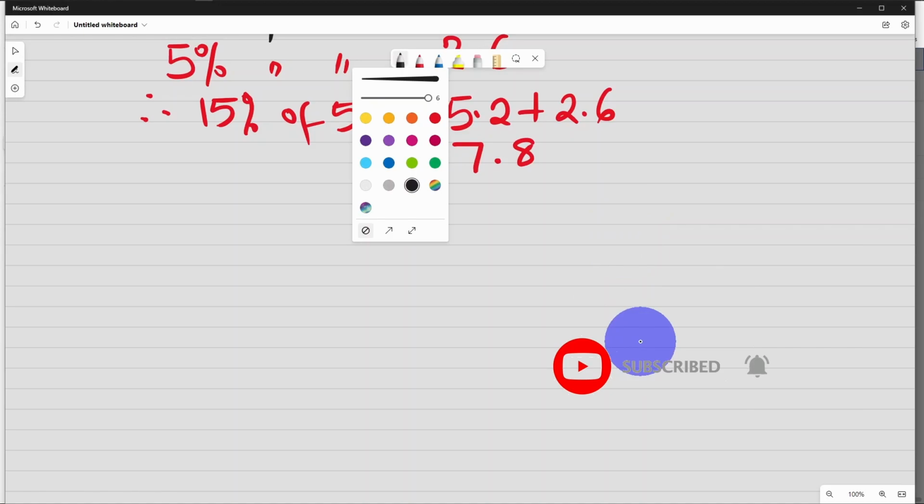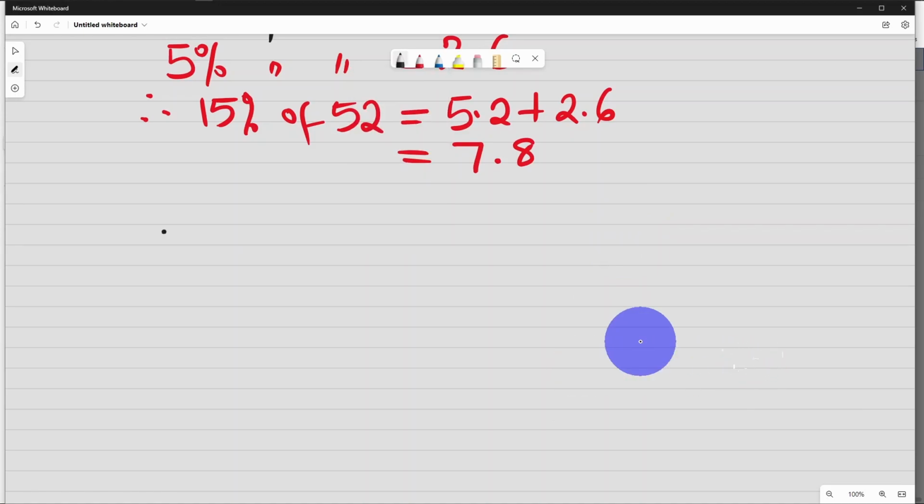We can use another trick. For instance, if we should find 3% of 50, you can use a different trick by interchanging the percent.